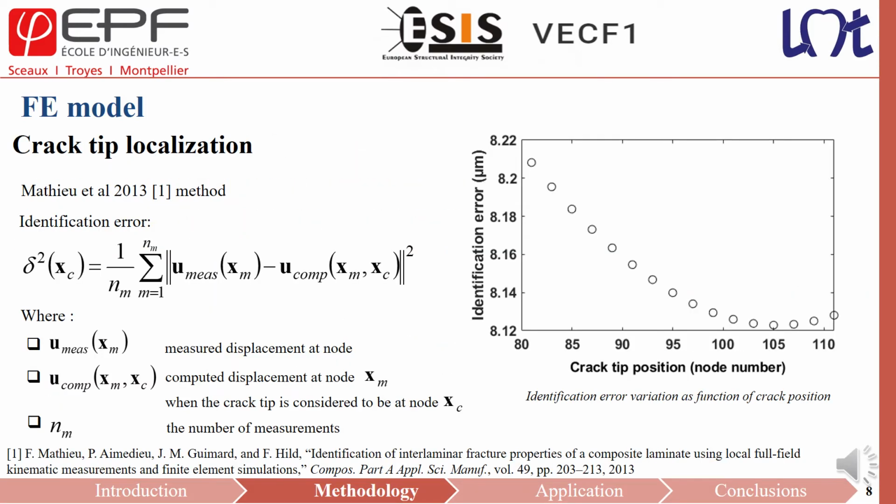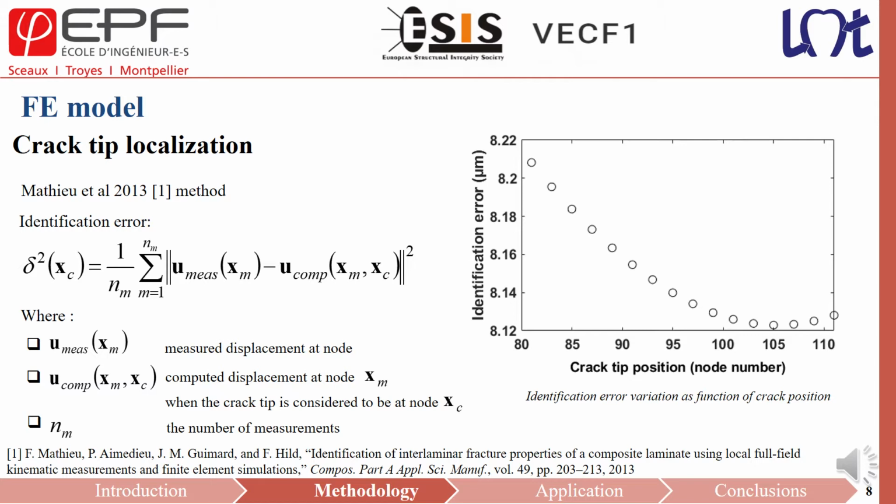To find the crack tip location, the FE model can be used. For this, a simple definition of the crack tip location was considered. It corresponds to the location on the crack path for which the identification error between the measured and computed displacement field was the smallest when the crack tip position is changing.